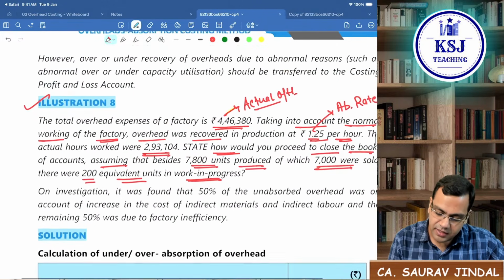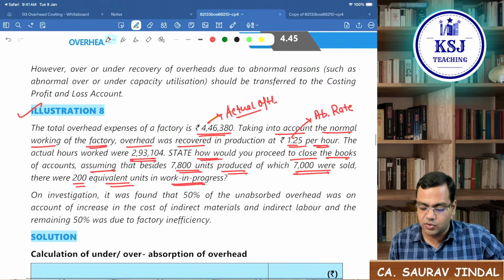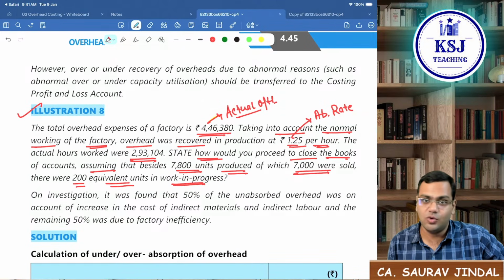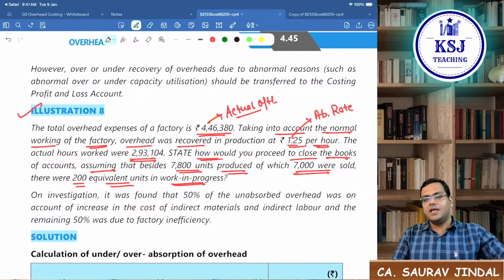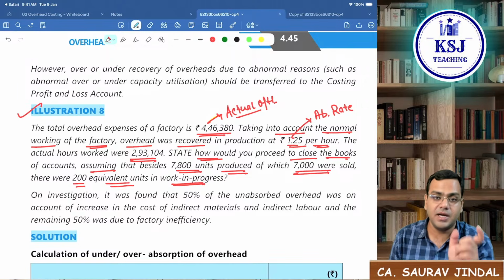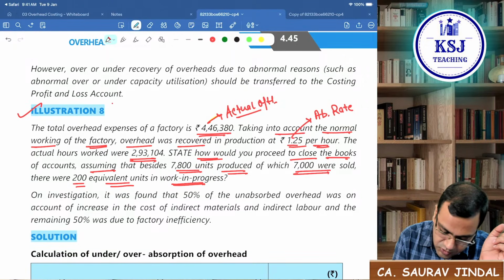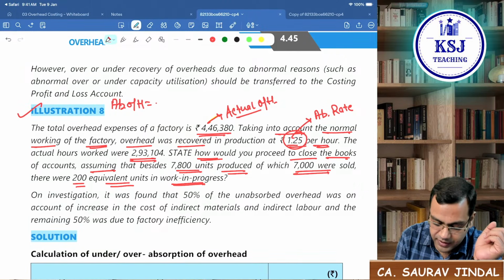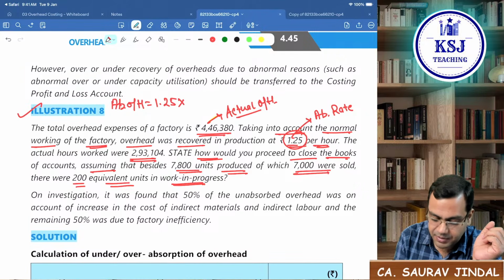So here the actual overheads are given to you, that is 4,46,380. What is your absorbed overheads? Absorbed overheads in the current period is the actual hours multiplied by the absorption rate. 1.25 is the absorption rate, multiplied by what?